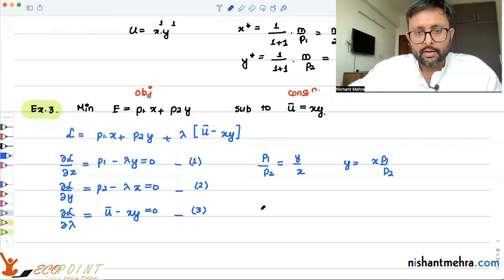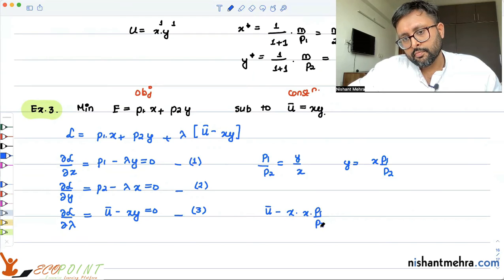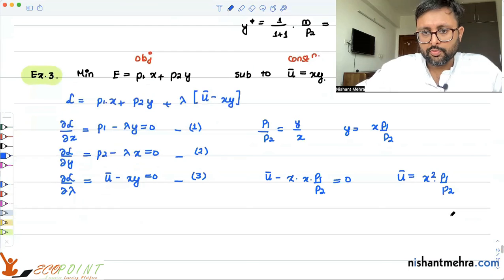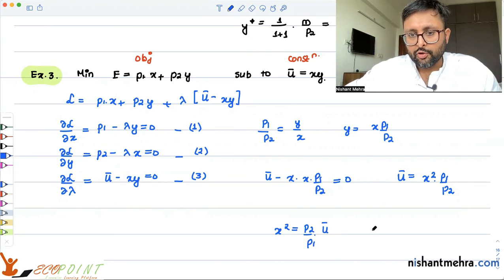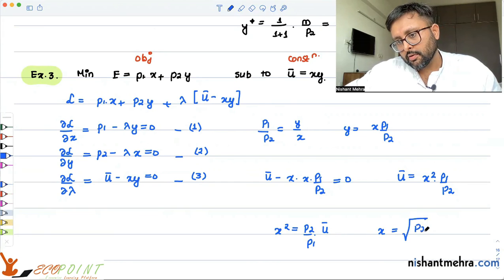I can substitute this y back into the third constraint. U bar equals x square P1 by P2. So x square is P2 by P1 U bar. So x is root of P2 by P1 U bar.